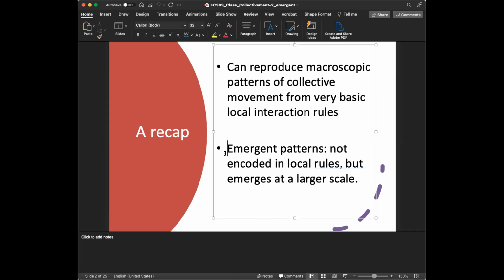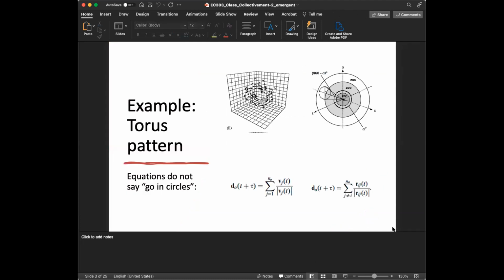By emergent patterns, what we usually mean is that these are patterns which are not encoded in local rules, but they emerge as a consequence of a large number of interactions that are happening at smaller scales. Let me try to explain this a bit more. Here is the example of the torus pattern, which came towards the end of the previous slides. In the equations of orientation, attraction or even repulsion, there is nothing in the rules that says individuals must go in circles, right?